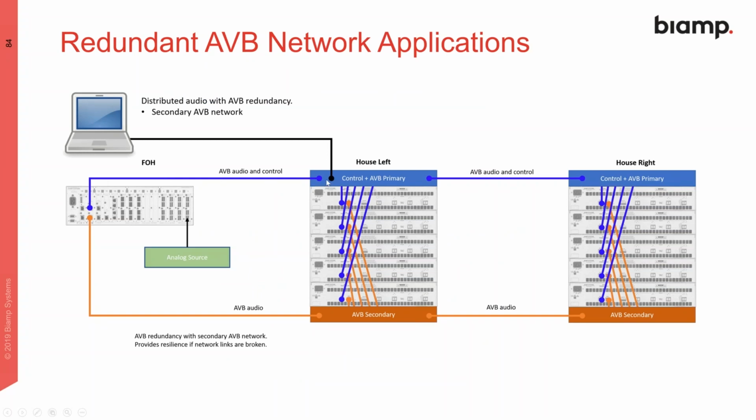In this case, we are running Tesira control and AVB primary on the primary port, and AVB secondary only on the secondary port. So if we were to lose one of these switches, we would lose the ability to control it, to do a mute or level change within a device, but audio continues to flow. We don't lose any of the audio paths. We just lose the ability to do a mute or something until we recover the control path up here. So hopefully that covered that question.